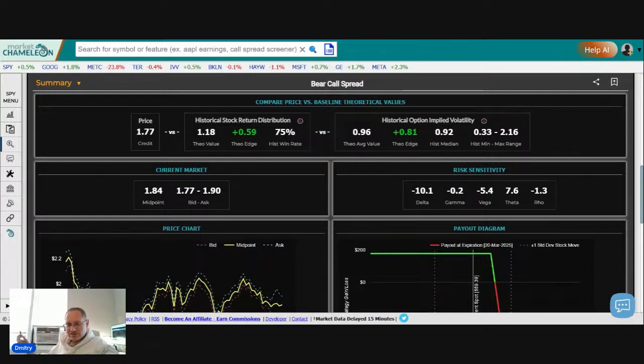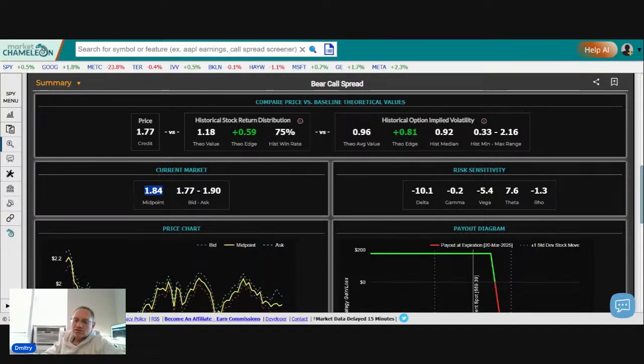Since there's a $1.77 bid and a $1.90 offer, we know that the fair value of that spread is somewhere in between, where it could trade. The midpoint is 184.